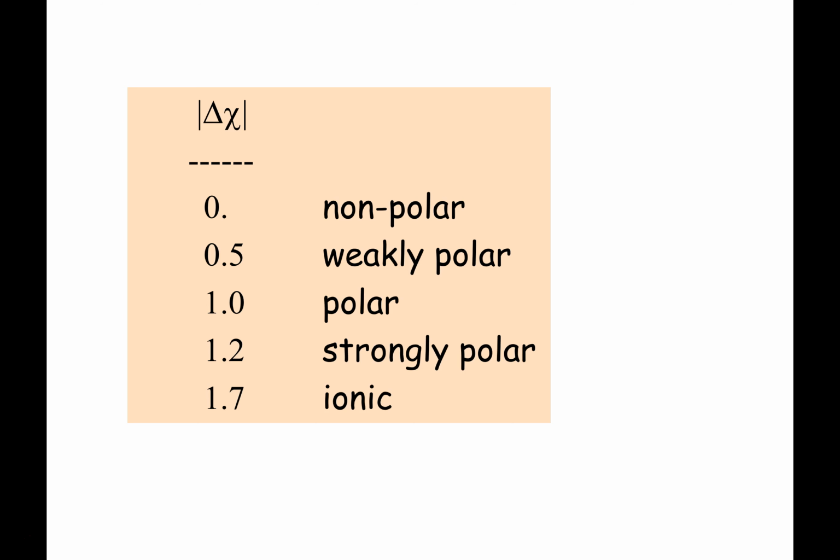If you have atom A and atom B, and their electronegativities are the same, your delta chi will be 0. What if one has a little stronger electronegativity than the other? You have a difference of 0.5, a difference of 1.